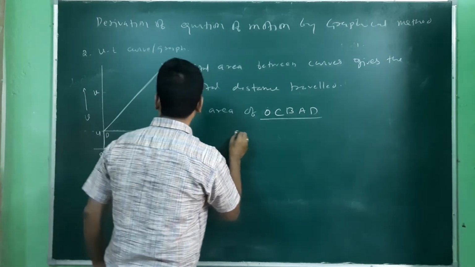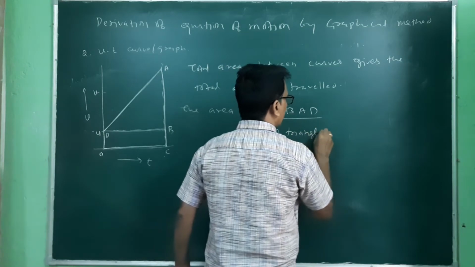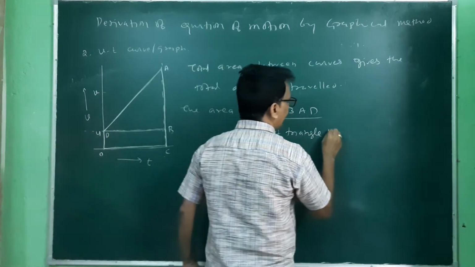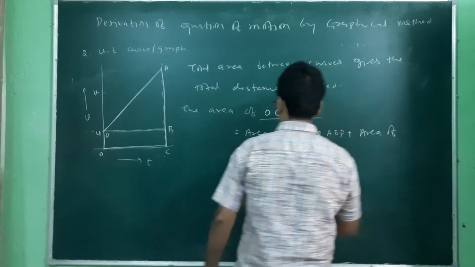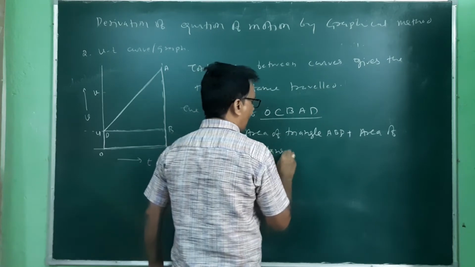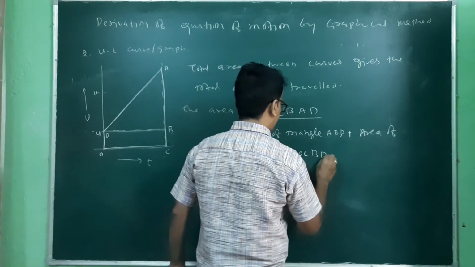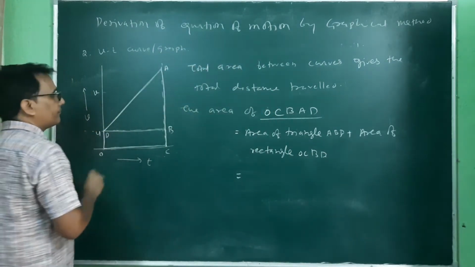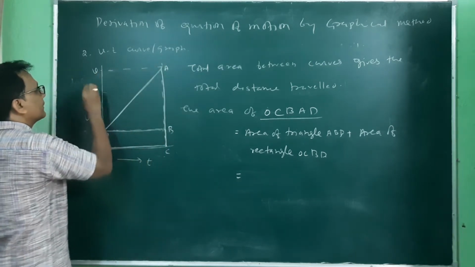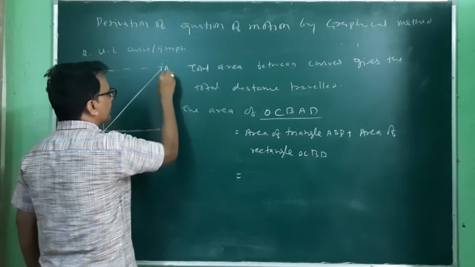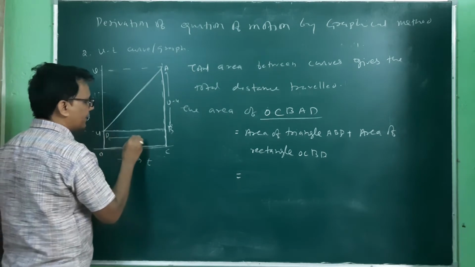So that is equal to the area of triangle ABD plus the area of rectangle OCBD. So the area of the triangle: here this side will be v minus u, and this side will be t.